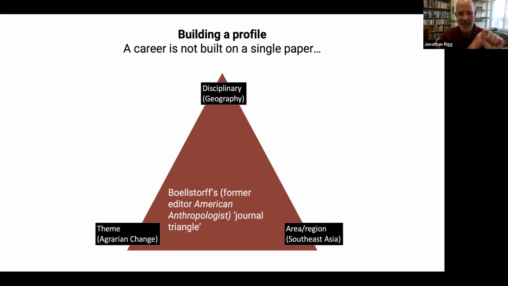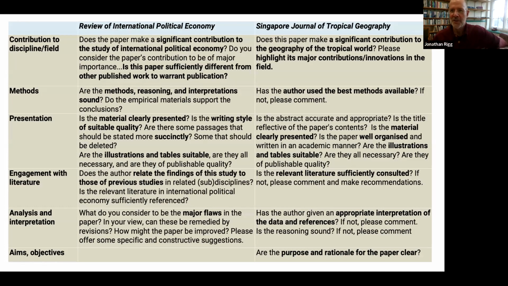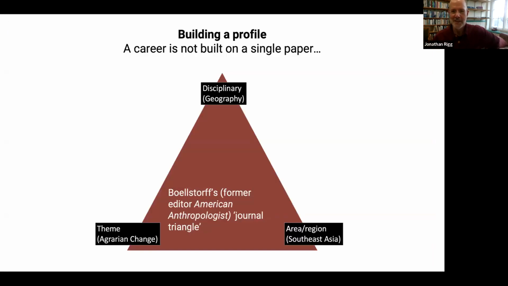So if we can just go to the next, there we go. So this is me. Oh, this one. Yeah, thanks, Hyun. Sorry, Hyun, can you go back to that triangle? There we go. So I'm a geographer. That's my discipline, and I try and publish in geography journals. If you like, the general geography journals, things like the Annals of the Association of American Geographers, the Transactions of the Institute of British Geographers, and so forth.